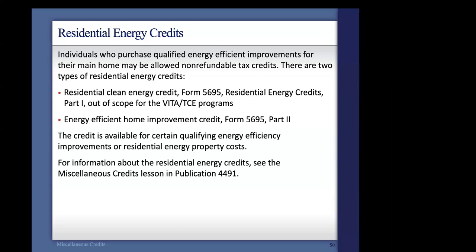If the taxpayer comes in and they've made changes or improvements to their home, they already know about that credit, and so they'll have the information you need in order to put that information on the return. The credit is available for certain qualified energy efficiency improvements or residential energy property costs. It refers you to the miscellaneous credit lesson in Publication 4491 that goes more into details on that credit.